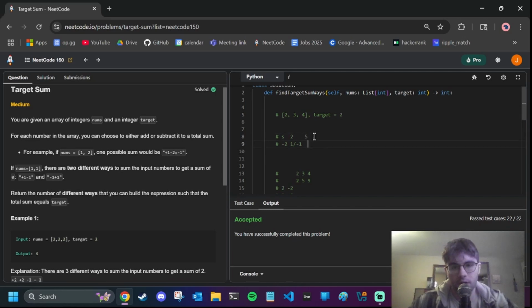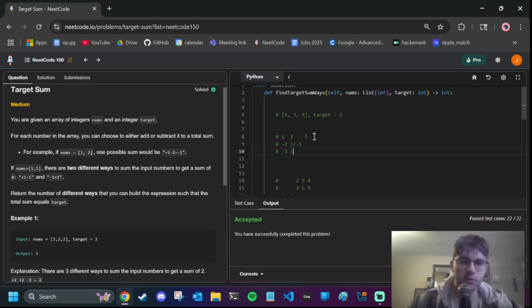This would be 5. This would be -5. So I'm noticing it is pretty symmetrical. At this point, if you go negative, negative, positive, let's see that. Negative, negative, positive. Then it would be 1, right?